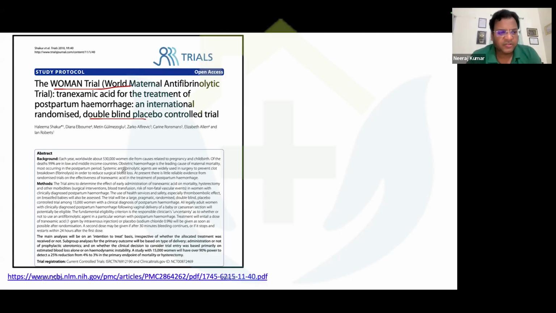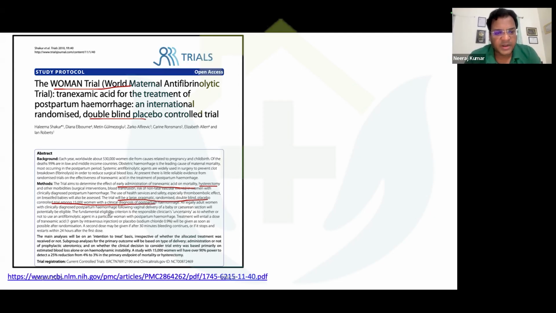Entire literature. So here what they found, they basically aim to determine the effect of early administration of tranexamic acid on mortality, hysterectomy and other morbidities in women with a clinically diagnosed postpartum hemorrhage. So what they have done, they have done this trial as a large pragmatic randomized double blind placebo controlled trial among 15,000 women, not 13,000 women, with a clinical diagnosis of postpartum hemorrhage.